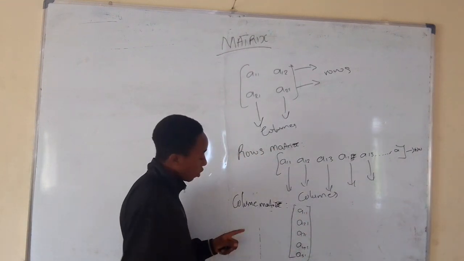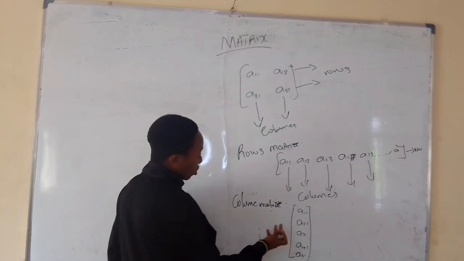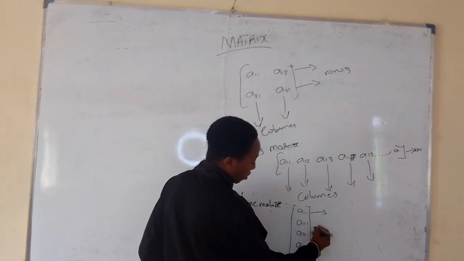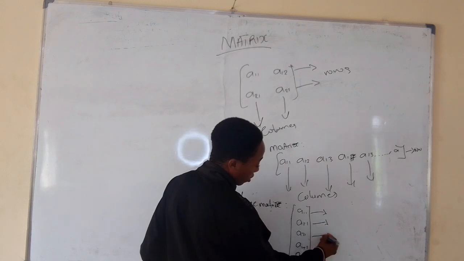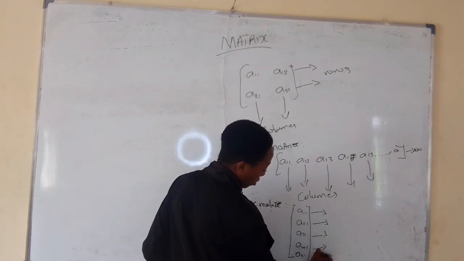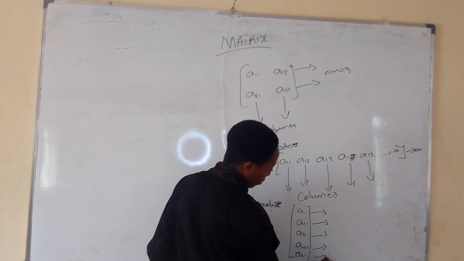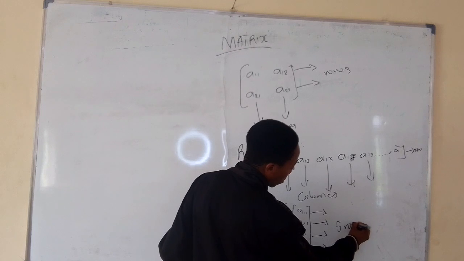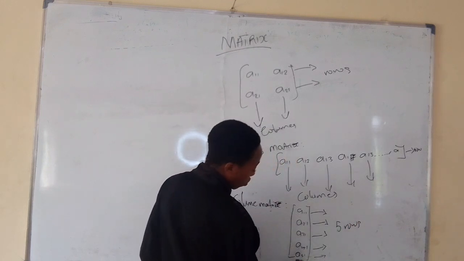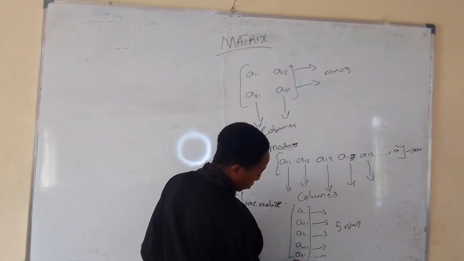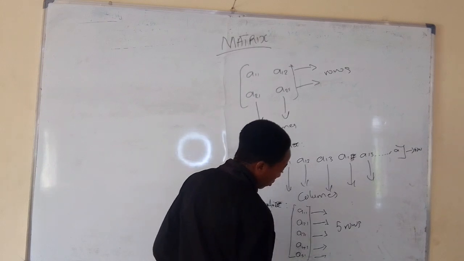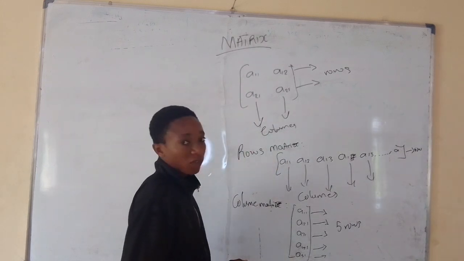Okay, this is an example of a column matrix where it has just one column but multiple rows. So this is what the column matrix is.